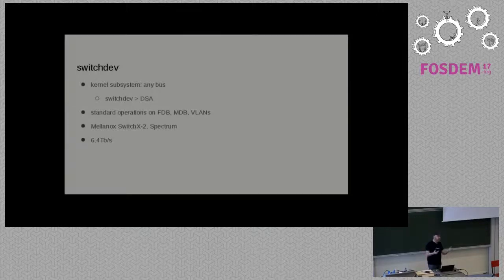I don't work for Mellanox or anything. I'm just saying that's a really high-end chip. It has a total switching capacity of 6.4 terabit. There is no benchmark in this. That's their marketing literature. I assume it's correct. I'm naive. I don't know.